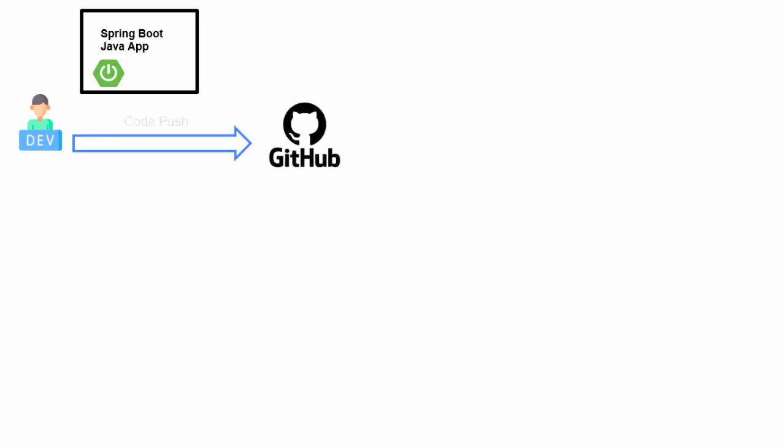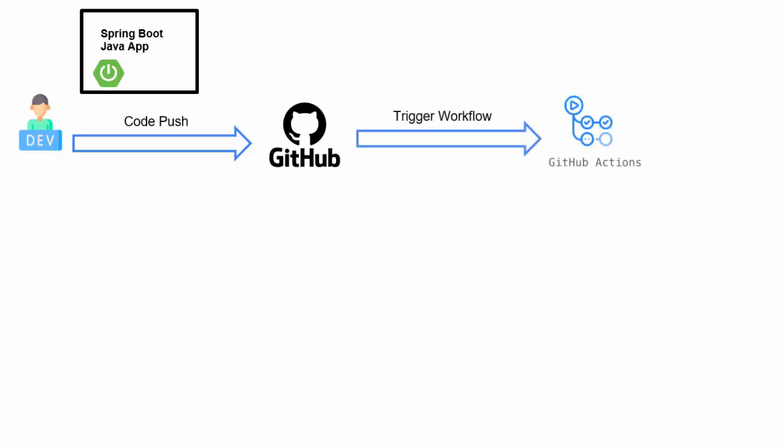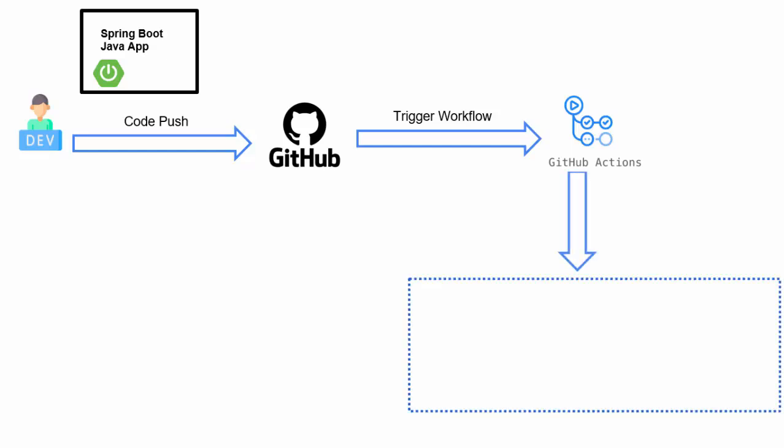So in our case, flow-wise, what will happen? The dev team would push the code for this Spring Boot application into the repository in GitHub. From GitHub, this workflow would be triggered in GitHub Actions. GitHub Actions in turn would create an environment where it will perform certain tasks or steps.